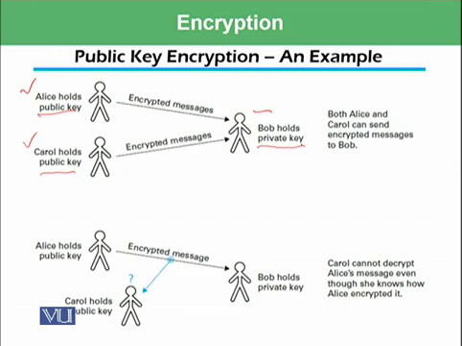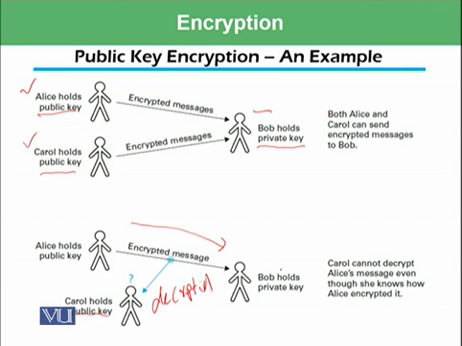So if there is a scenario that Alice wants to send some message over here, and that message is hacked by Carol, and it also has a public key, which means that this message could be understood by Carol. However, it will not happen because this message cannot be decrypted using the public key.